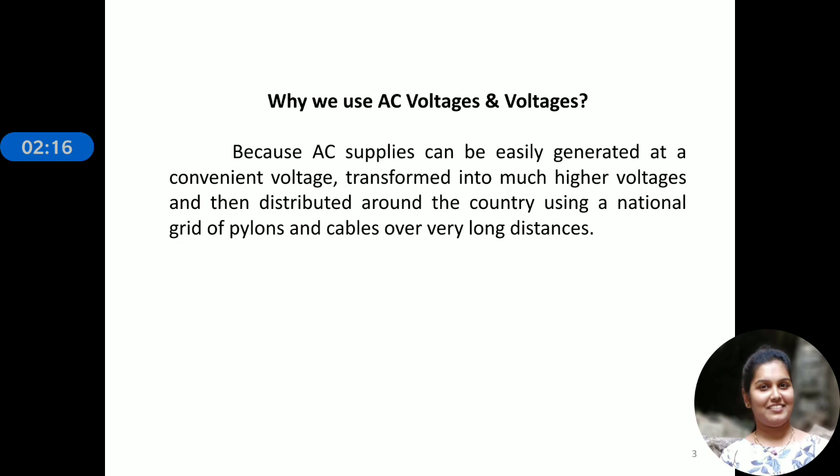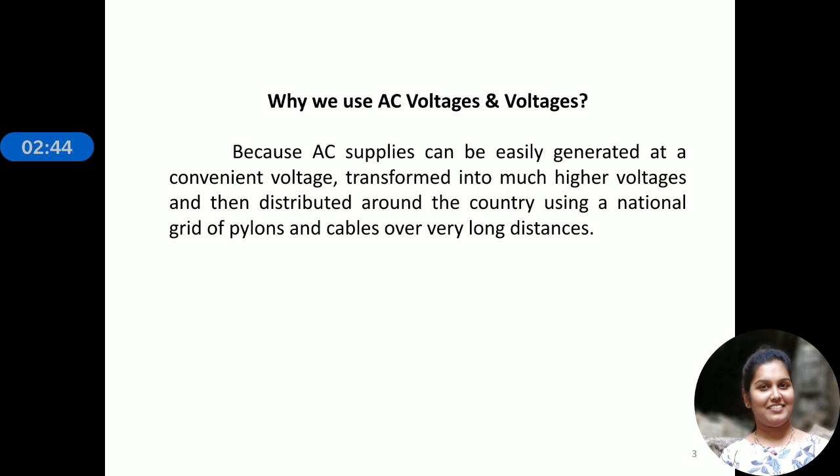Though we have DC power supply, which we use for our cell phones, laptops, or remote controllers, why can't we use this DC power supply for all our home appliances or in workstations? What is the reason we use only AC voltages and currents? The answer is very simple.